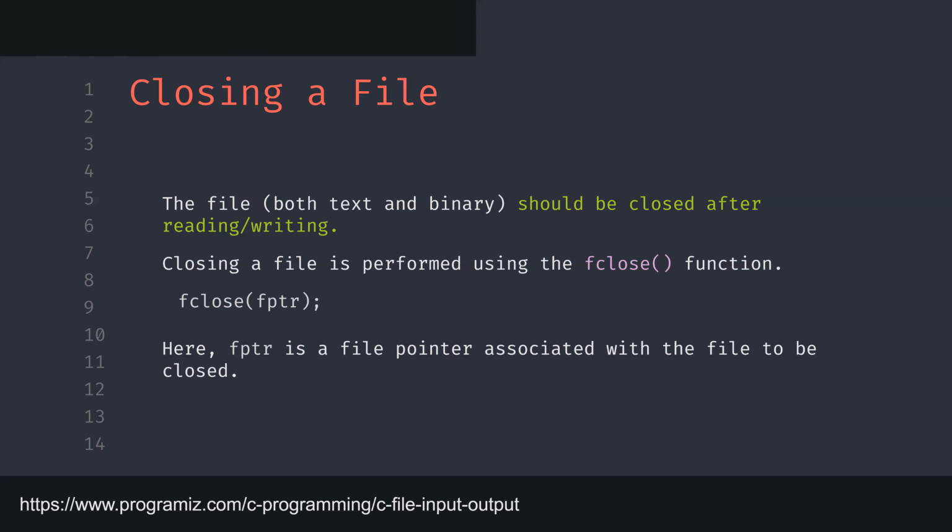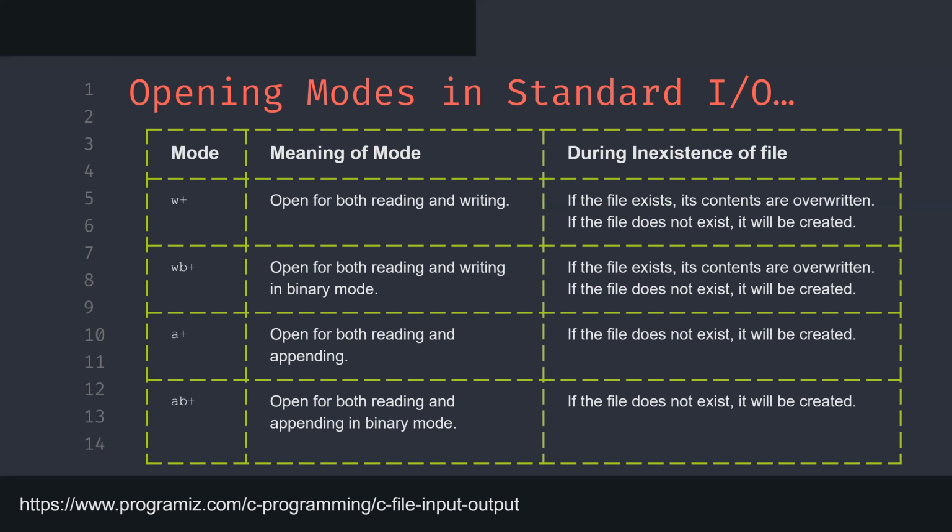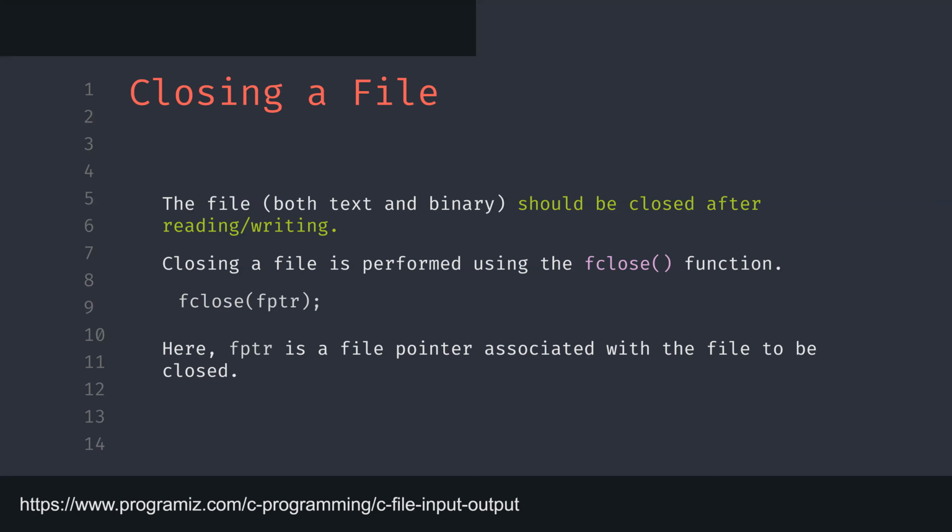So now you know how to open a particular file in several modes, right? Next, what you need to know is how to close the file. As I mentioned, you open a particular file, you need to close it.